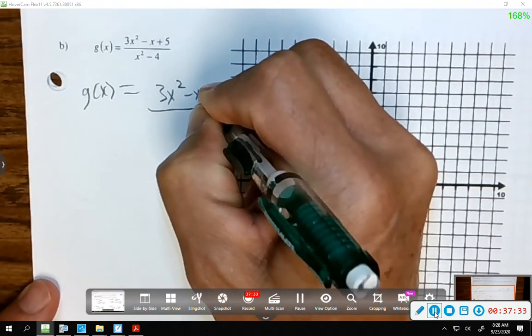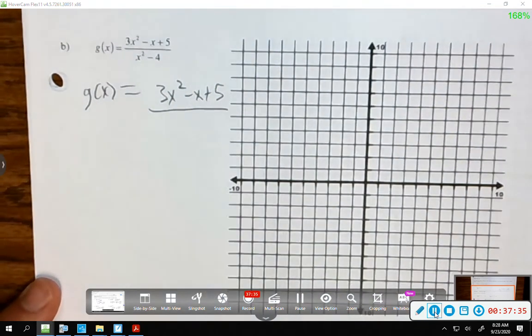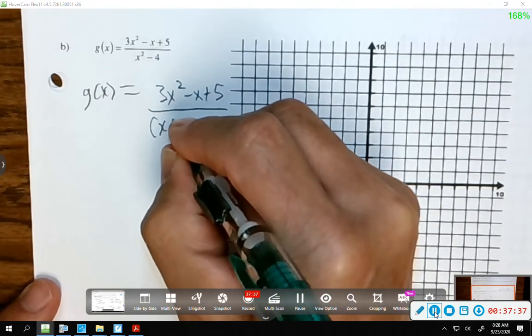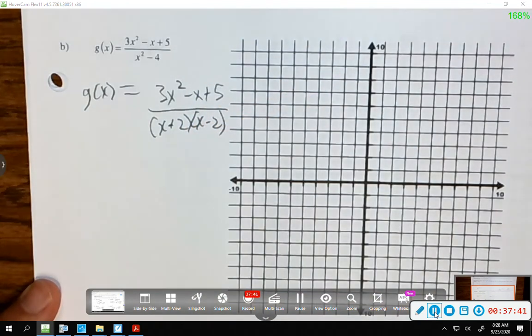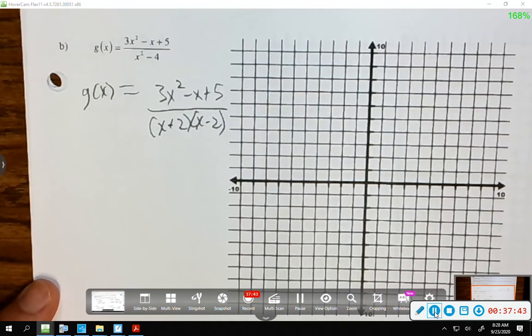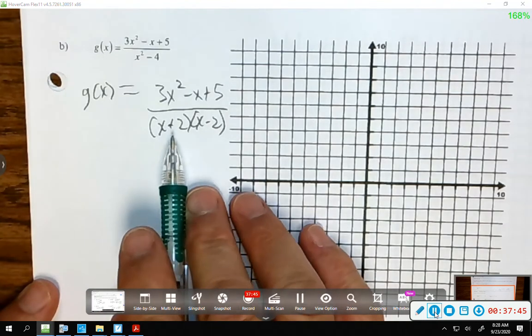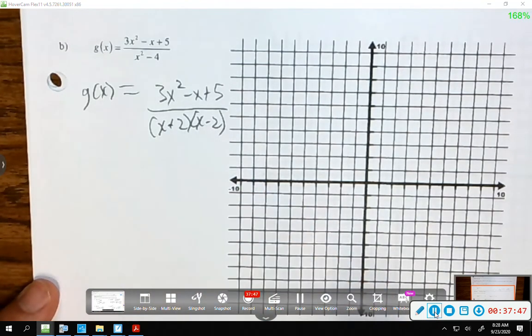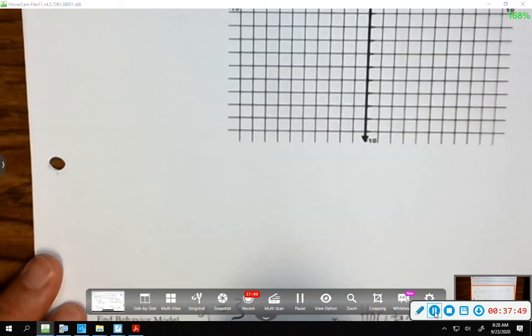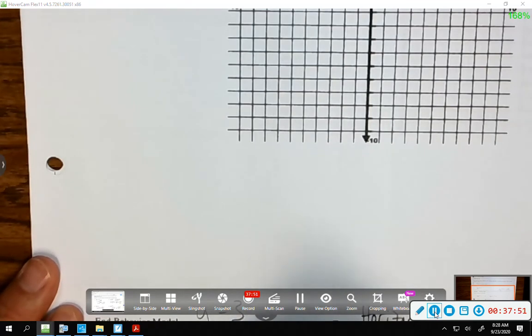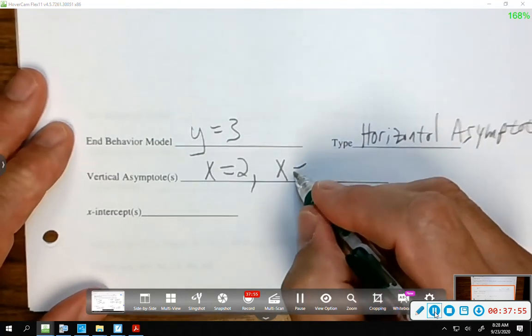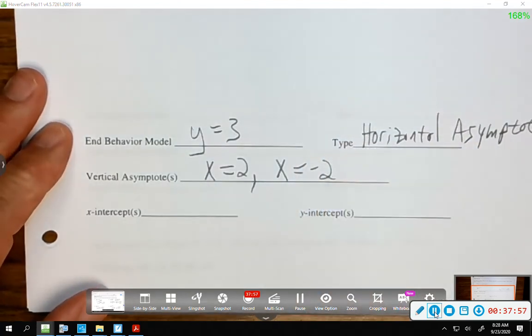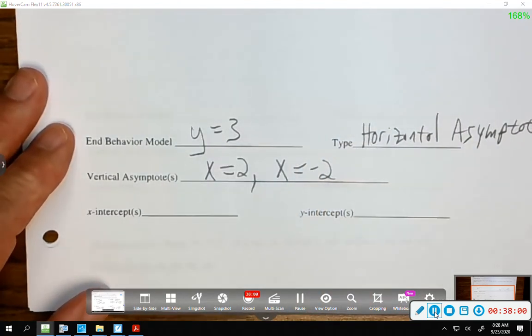But the denominator is, it's x plus 2 times x minus 2, which means, again, we have two vertical asymptotes at x equals negative 2 and at x equals positive 2. They are both poles. They are poles because x plus 2 is raised to the first power. The factor of x minus 2 is raised to the first power. These are both poles.